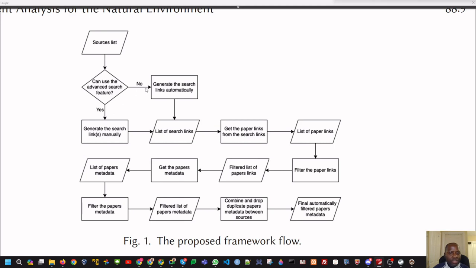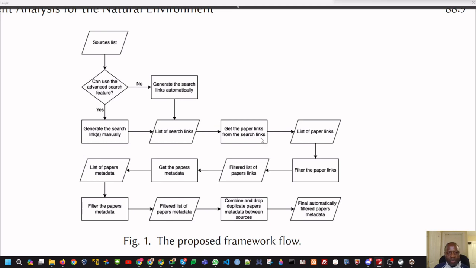If it's no, they generate the search links automatically, and if yes, they generate the search links manually, and then you come up with a list of search links, and after that the paper links from the search links are collected.